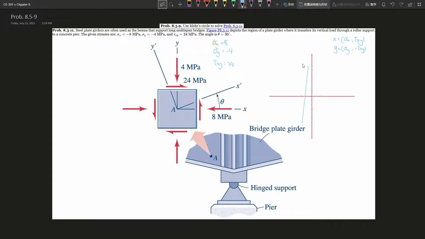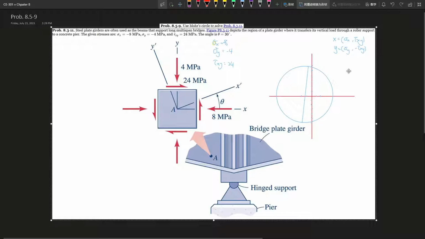Okay, fantastic. And we can complete our circle based on this. I can never get it right, but that's terrible. Okay, something like that.